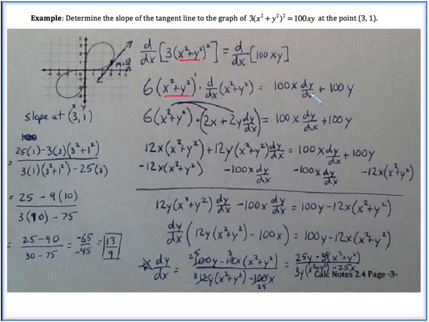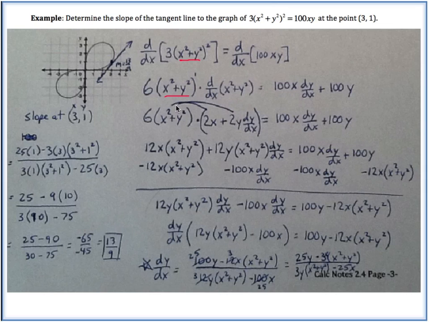On the right hand side, here's what's happening. We had the product rule. So we had our first function, 100x, times the derivative of our second function, dy over dx, plus our second function, 100y, times the derivative of x, which is just 1. So we get that. Next, what I did is I found the derivative of x squared plus y squared. So with respect to x gives me 2x, and then of y squared becomes 2y dy/dx.